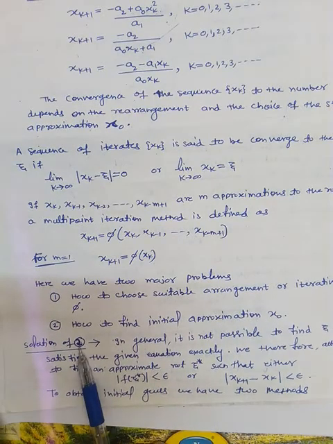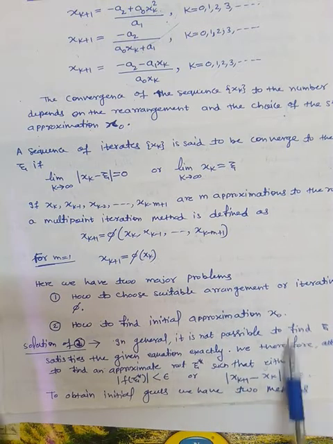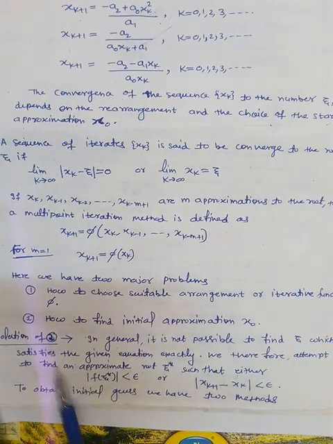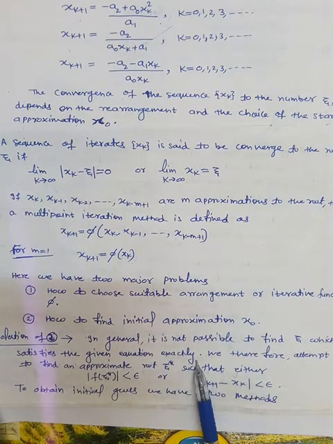So the solution of the second problem is that in general it is not possible to find j which satisfies the given equation exactly.